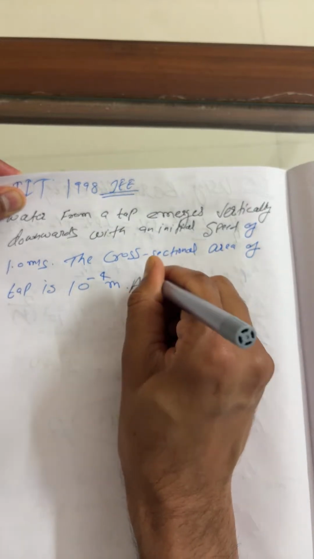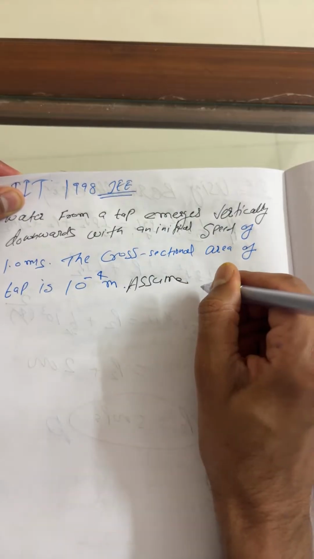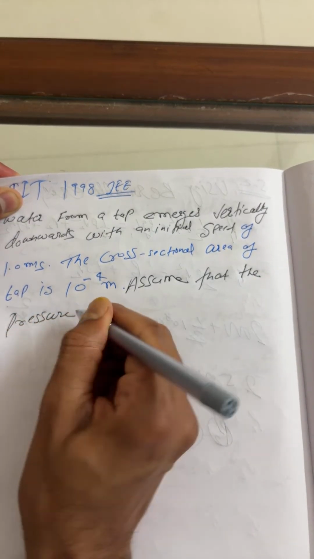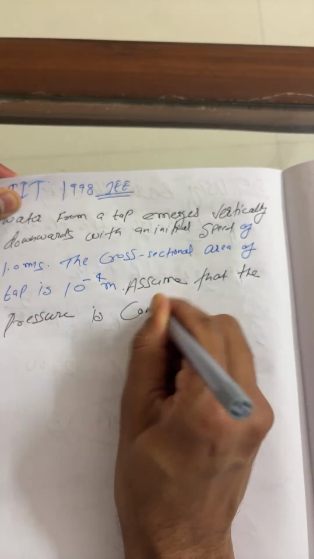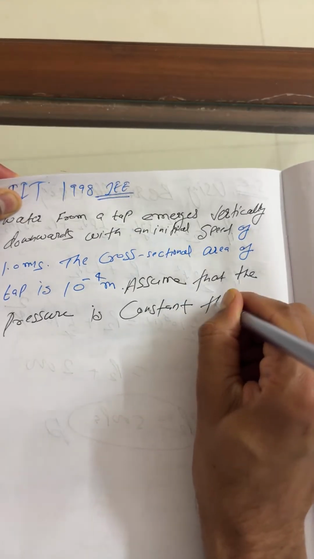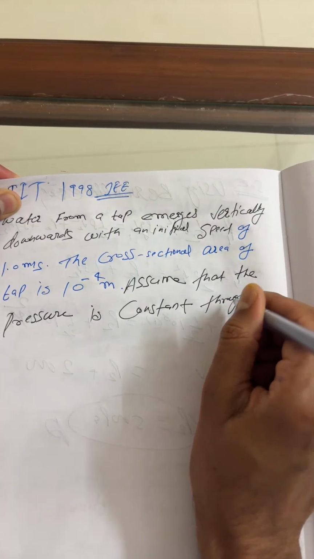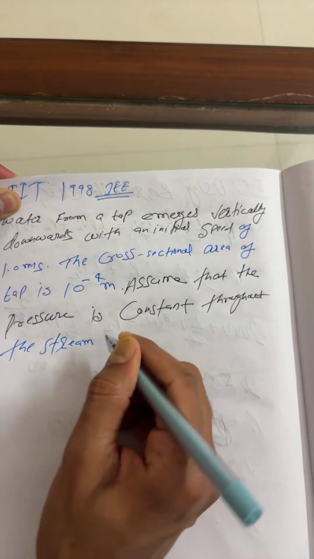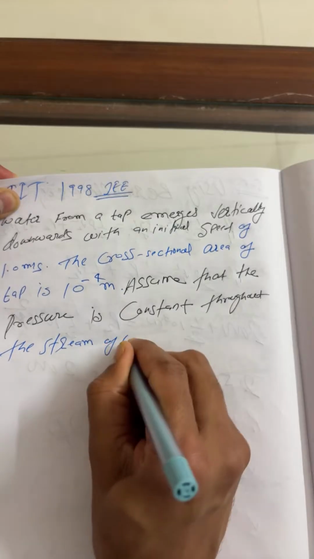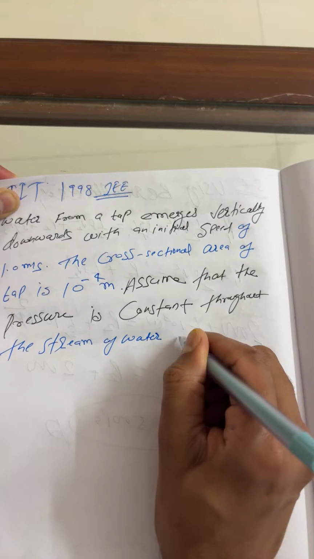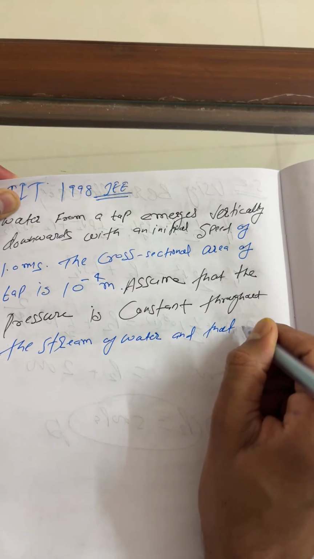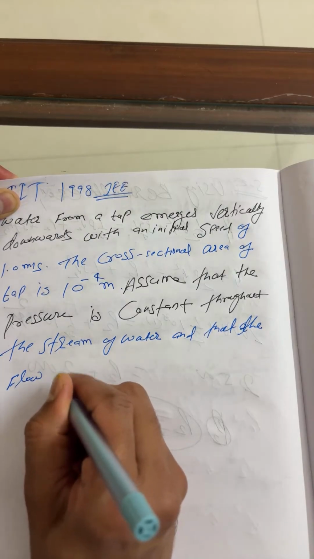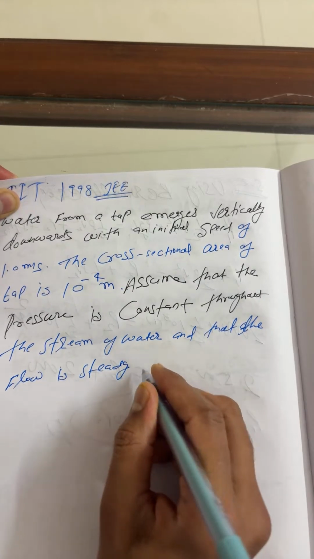Assume that the pressure is constant throughout the stream of water and that the flow is steady.